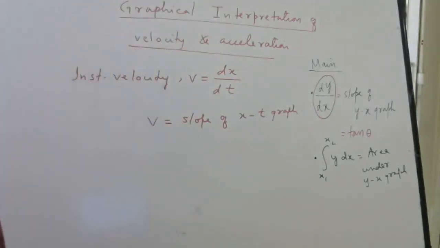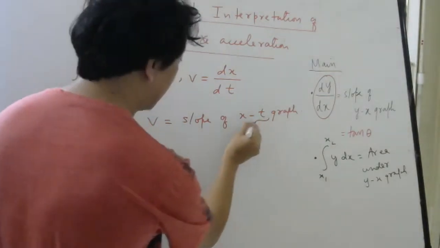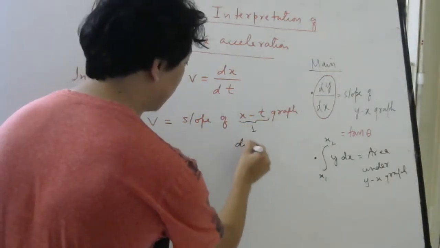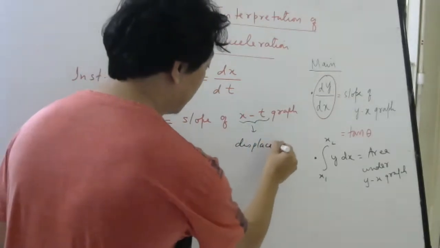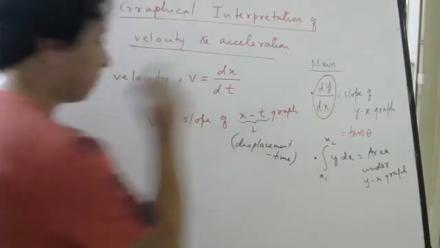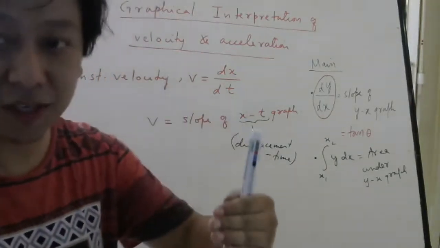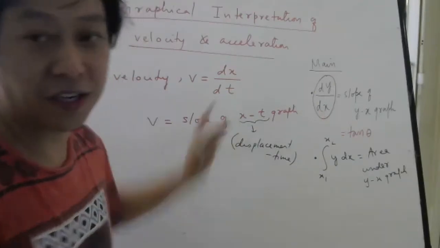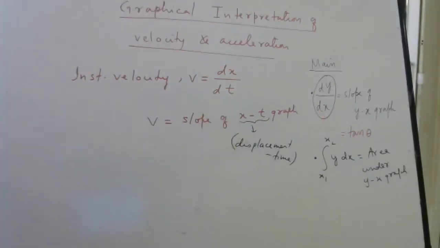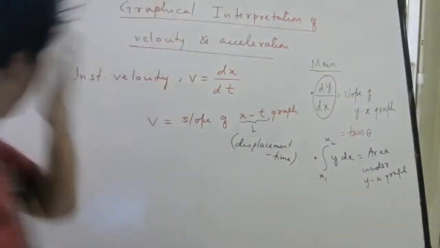And this xt graph is nothing but displacement time graph. If you start from origin, displacement will be x only, right? So this is clear, right? Directly from the knowledge of differentiation.